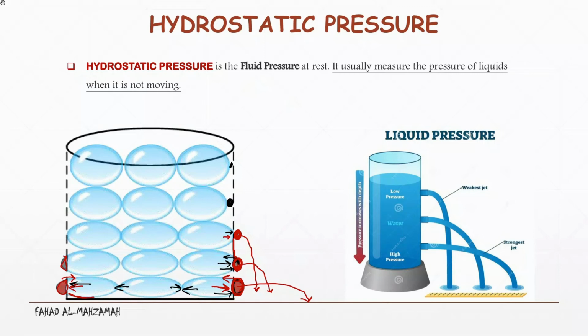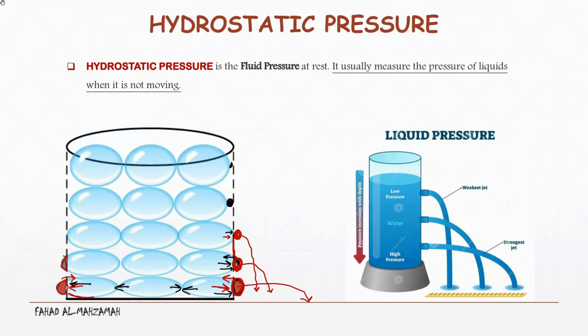Point number 3, we said that as we go down, the molecules will deform their shape, so they will be exposed to high pressure and will expand, and this expansion will generate a very high pressure on the walls of the container. So these 3 points are very important to understand.